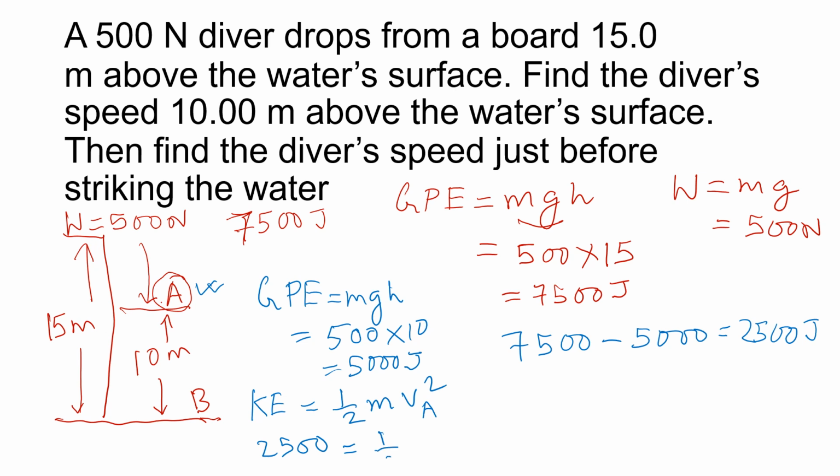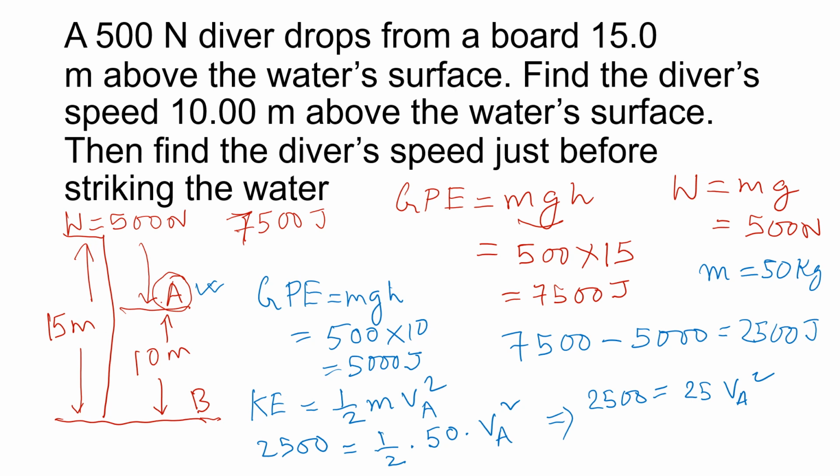And on the right hand side, we are going to substitute the values that are known to us. We know the weight of the diver is 500 Newton, so the mass of the diver is going to be weight divided by gravitational acceleration, and that's going to be 50 kilograms. So we can write 50 kilograms times VA square. Now if I solve it, it's going to be 2,500 on the left hand side, and that's going to be 25 times VA square, right?